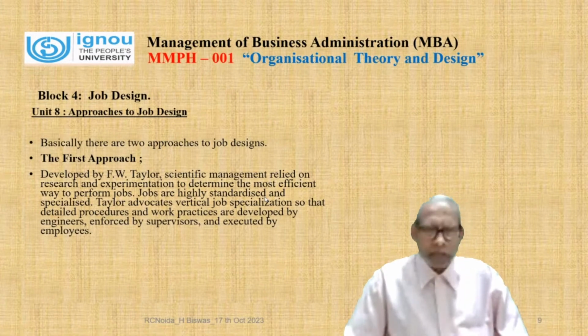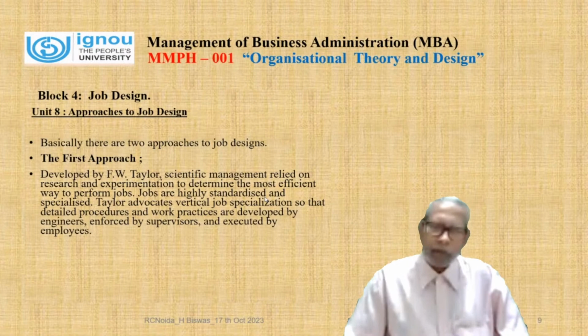Jobs are highly standardized and specialized. So Taylor created vertical job specialization, so that the detailed procedures and work practices are developed by engineers, enforced by supervisors, and executed by the employees.